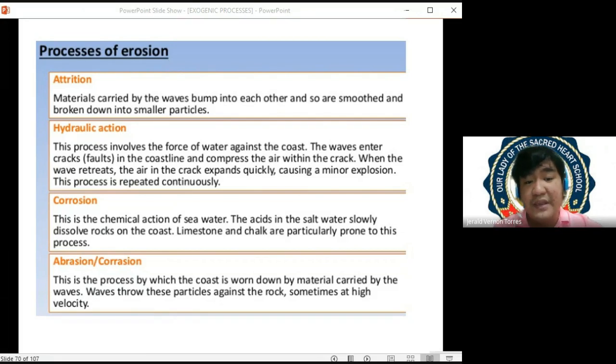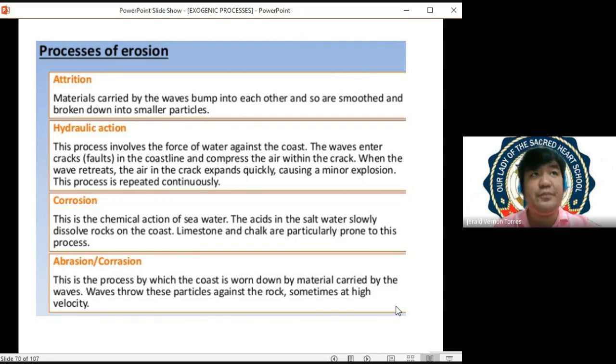So when we are speaking of attrition, this is a process where yung mga materials sa water natin are bumping into each other, and this collision of materials in water causes the weathering of the material or yung pag-break ng material into smaller pieces. So that is attrition. And usually, ang attrition nagre-result sa smoothing. Nag-i-smooth yung mga rock particles natin in water due to attrition.